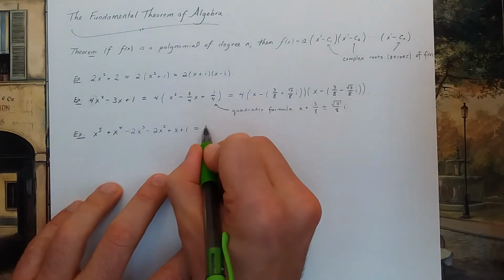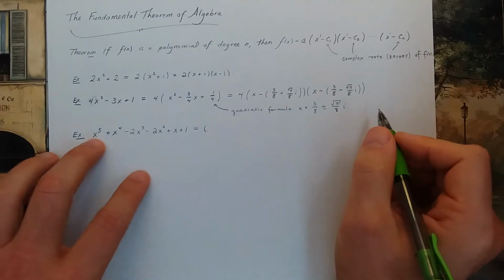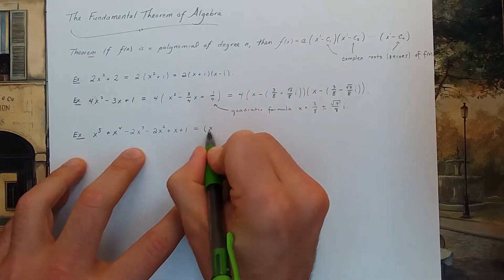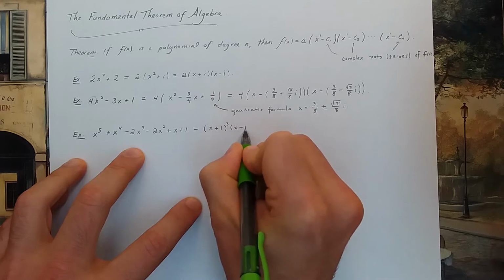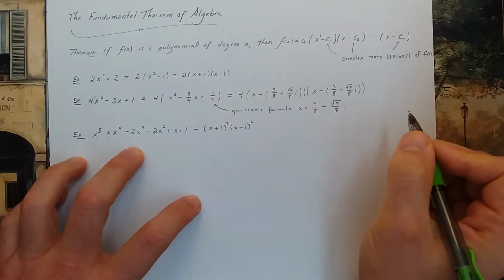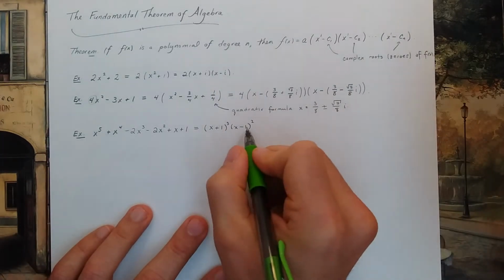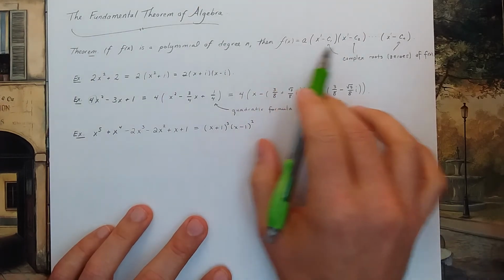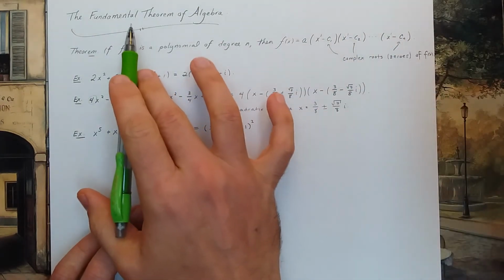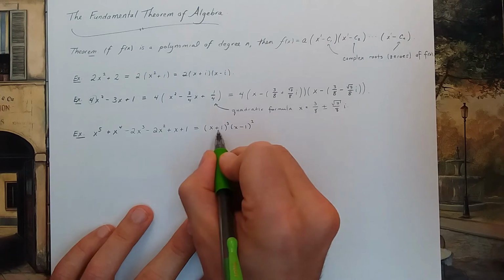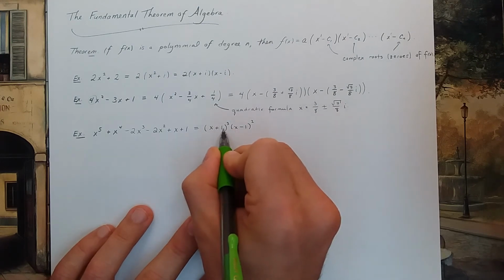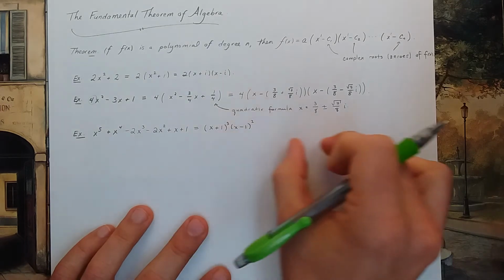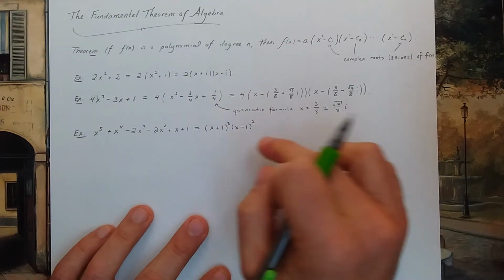I actually worked this example out ahead of time, and I discovered it was x plus 1 cubed times x minus 1 squared. This actually does satisfy the form that you're shown in the statement of the fundamental theorem of algebra, because I have 3 terms that look like x plus 1, times 2 x minus 1 terms.